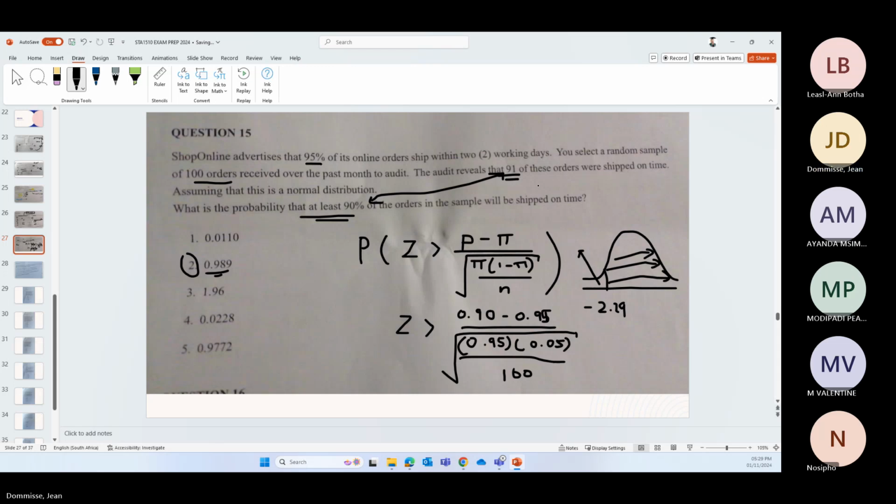Sheesh. Yeah, that's not cool. That is absolutely not cool. So even, let's just check if I said 0.91 minus 0.95.